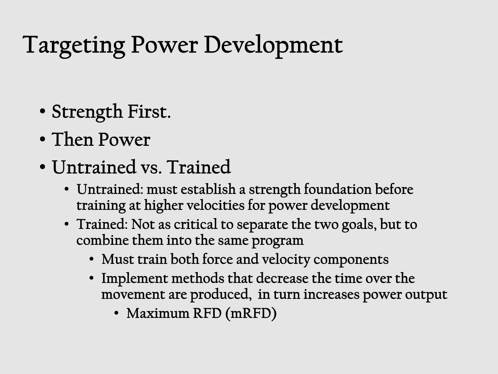So implement methods that decrease the time over which the movement is produced. Think of a vertical jump. If someone were to jump the very first time, they might be slow, awkward. But if they do it over and over, train for strength, train for velocity, what happens to that vertical jump?